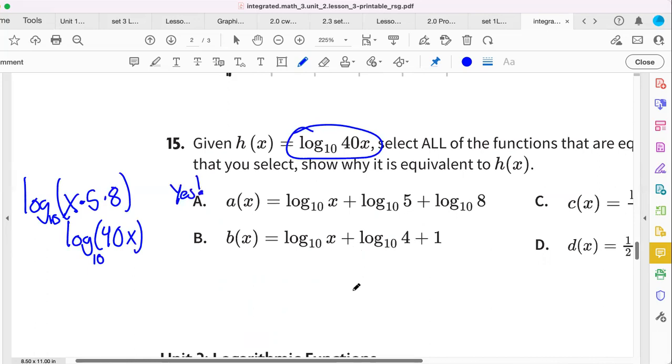Maybe we can find one that doesn't match. That would be pretty cool, right? We have this one here. This is written as just 1, but I kind of like the idea of saying that it's log base 10 of 10, because that's another way you could write 1, isn't it?